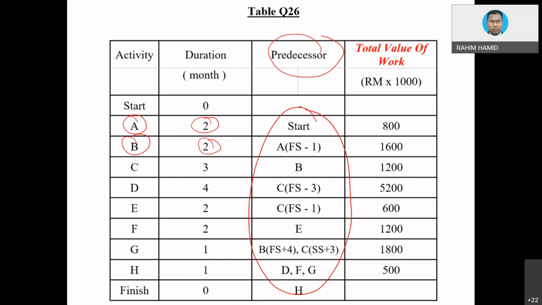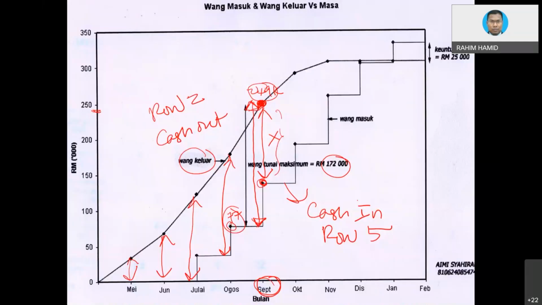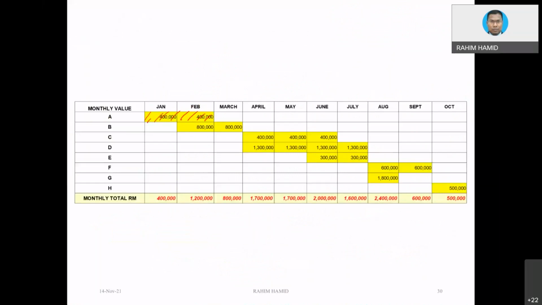The connection is from A, but finished to start by -1. So meaning to say the start of B is lead by 1 month. So there is an overlap there. So from the diagram, you can draw, you see, there is an overlap here. This is what we call finish to start by 1 month.